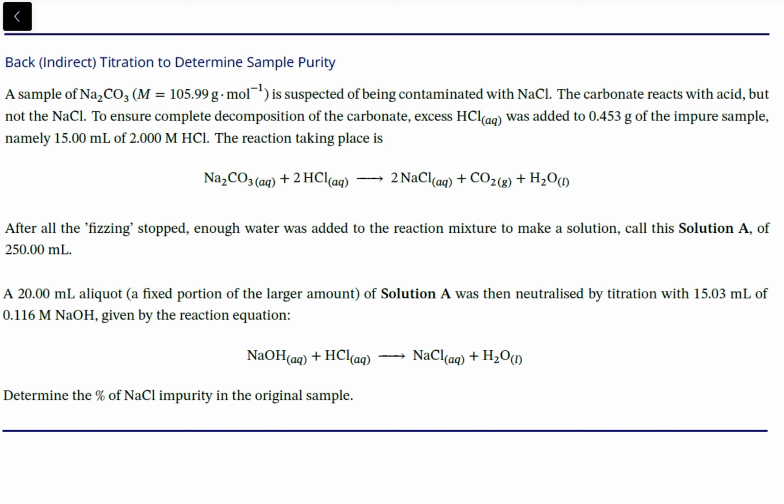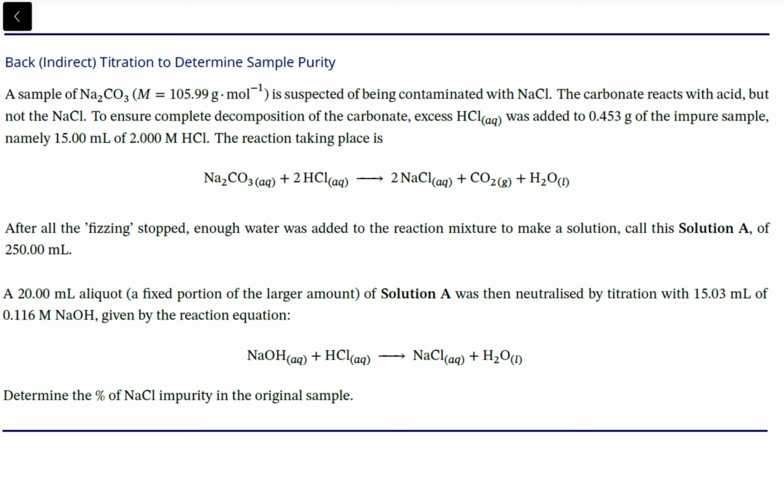We can read this systematically. It says, to ensure complete decomposition of the carbonate, excess hydrogen chloride was added to the 0.453 gram of impure sample, namely 50 milliliter of a 2 molar hydrochloric acid solution. After all the fizzing stopped, enough water was added to the reaction mixture to make a solution.